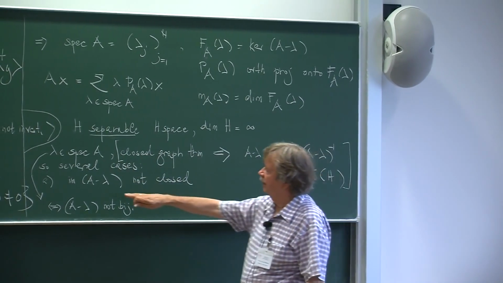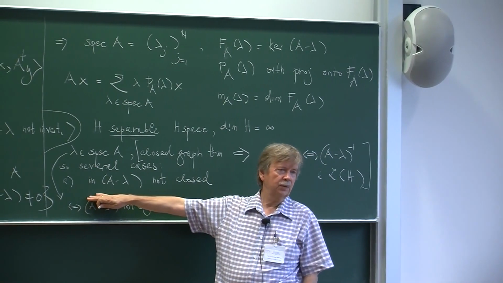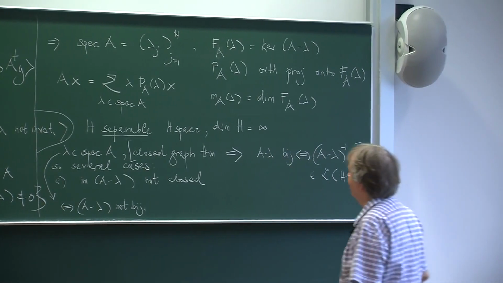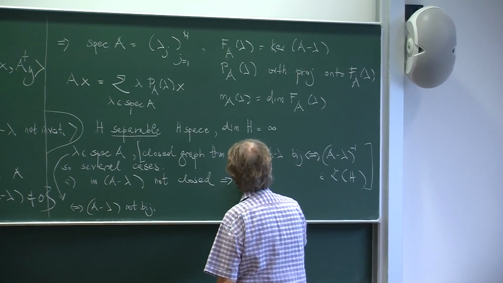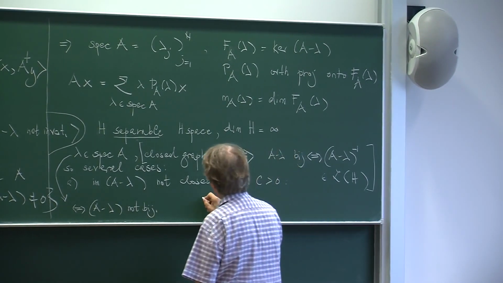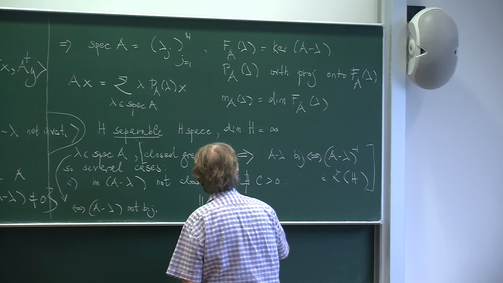Not bijective. One case would be this is not a closed space. Could be closed, but not closed. Well, then there is no constant such that we have an equality of this kind.